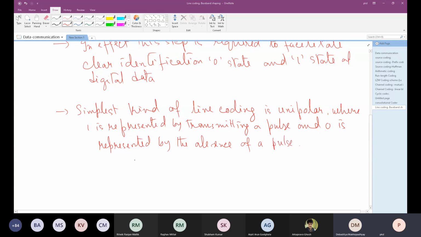So this is the simplest one. It could be bipolar in case of polar.